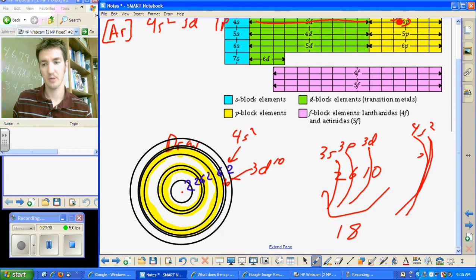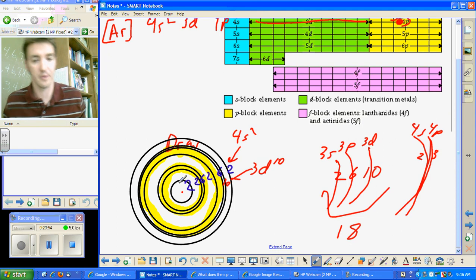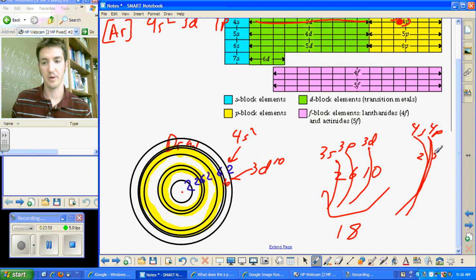So 4s had 2, 4p has 3. In total, that's where we're going to get our correct number. For arsenic, that would be 33. If you add all this up, you end up with 5 on the outer shell.